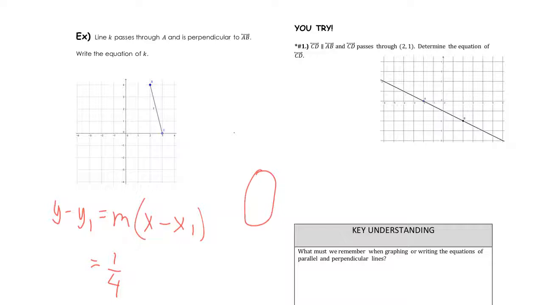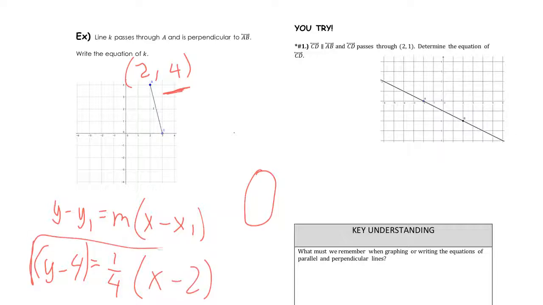And I know it goes through point A, which is at 2, 4. So y minus y1, well, y1 is 4, so it's y minus 4 equals 1/4 times x minus my x value, which is 2. So there's the equation of the line. And if I graph it, my slope's 1/4, so I could go down 1 over 1, 2, 3, 4. There is that perpendicular line that goes through that point A.